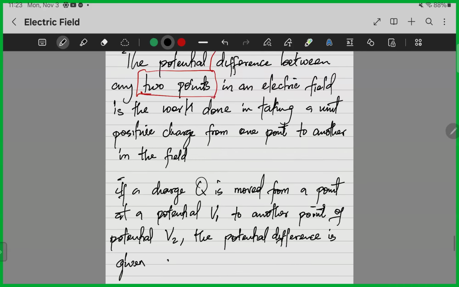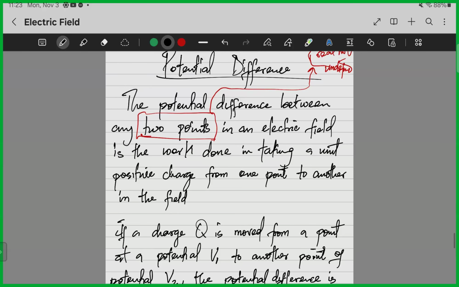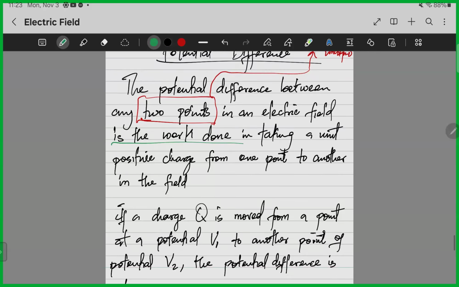Because we have already stated it, it's not like we are just making a random abstract inference. It's because we have stated in the definition that it is the work done. So let's write that work done now.